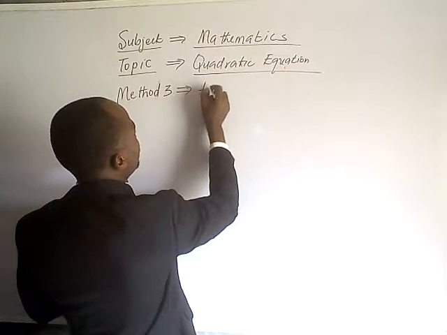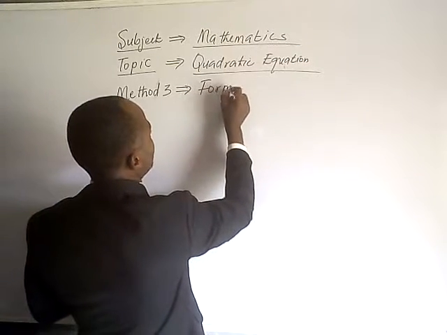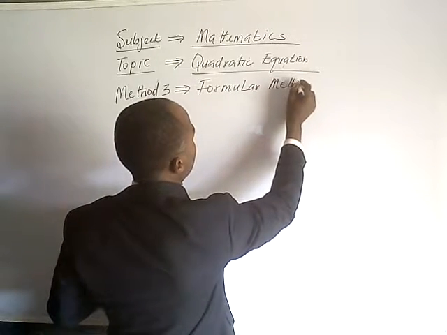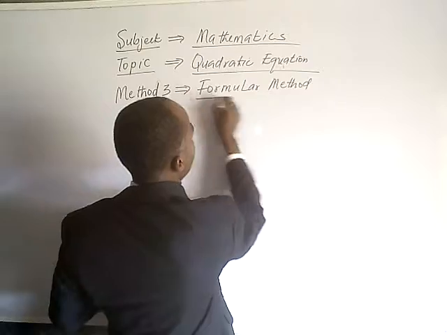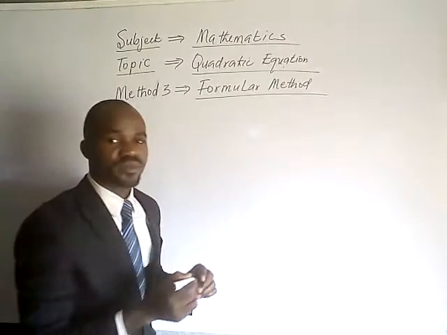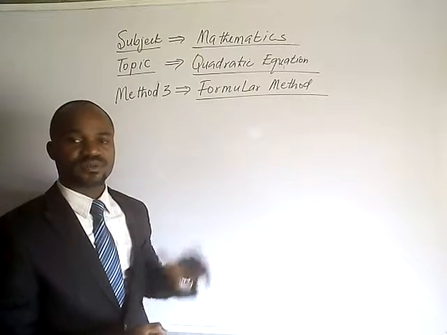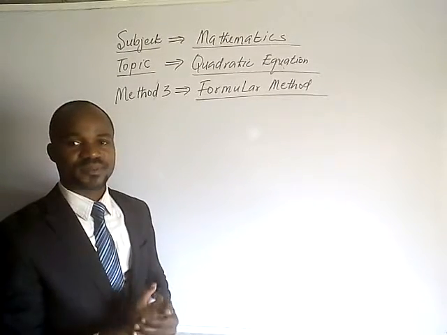Because we have done the first two methods, the factorization method and the completing the square method, the third one is the formula method.